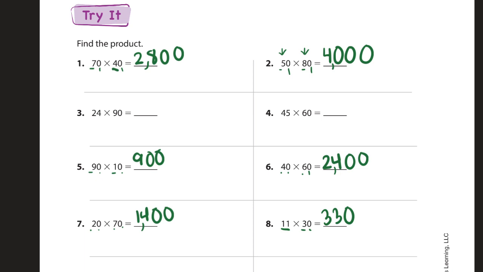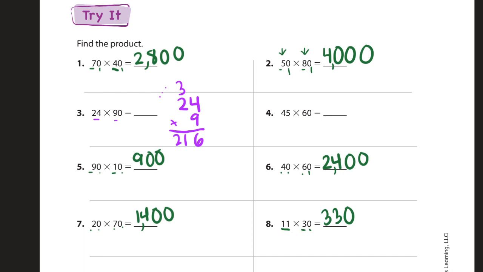Let's take a look at number 3 and number 4. Well, 24 times 90, I don't know. There is no short or fast fact for 24 times 90, but I can use the standard algorithm here, which we learned last week. 24 times 9, 9 times 4 is 36, 9 times 2 is 18, plus 3, 19, 20, 21, 21.